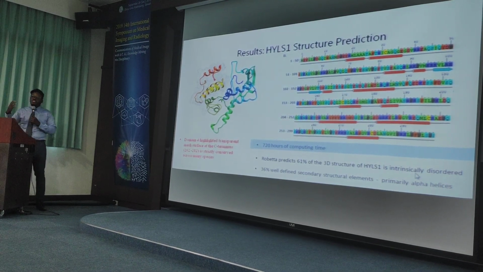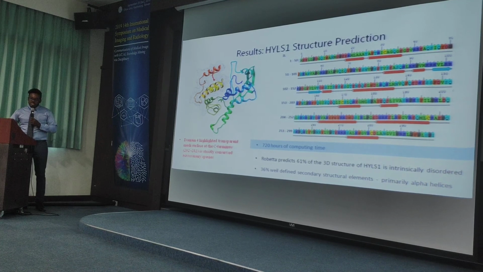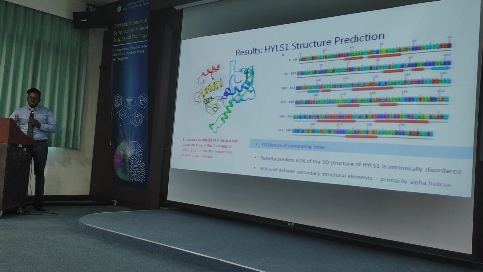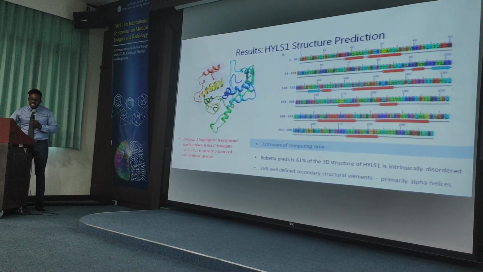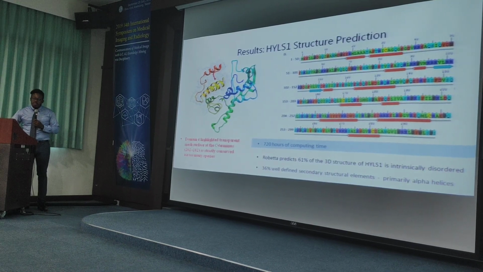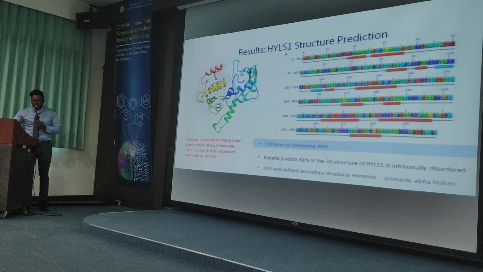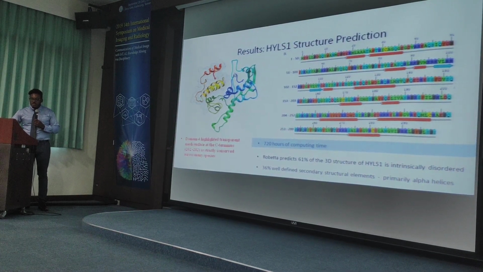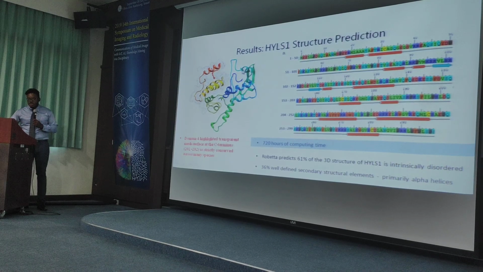So what is intrinsic disorder? Intrinsic disorder basically refers to regions of the protein that are not helices, not coils, and not beta strands. So this area in sky blue, we consider it intrinsic disorder.